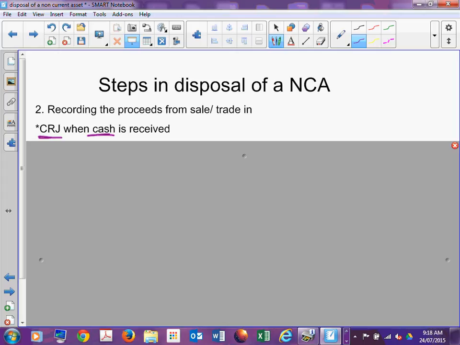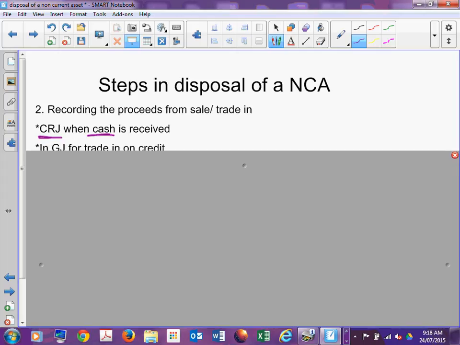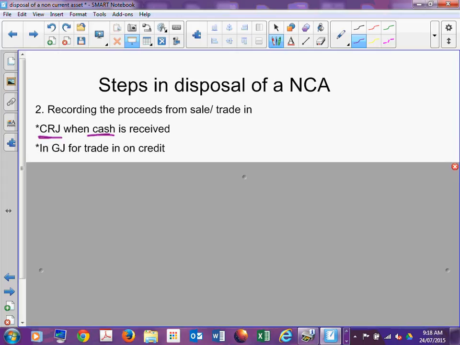So you have a vehicle at the moment, you want to buy a new vehicle, you're buying it on credit, and the motor vehicle company says yes and will give you a trade-in for your current vehicle. Those entries, because you are decreasing a liability, because the trade-in means you owe the car company less money, would be recorded in the general journal.